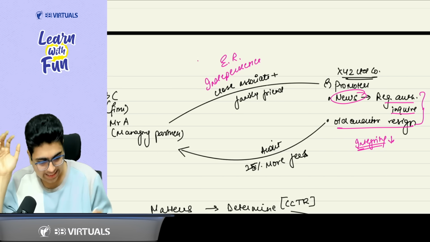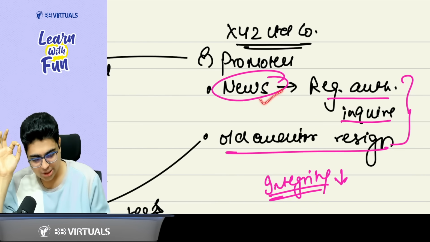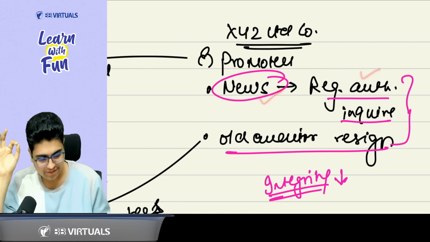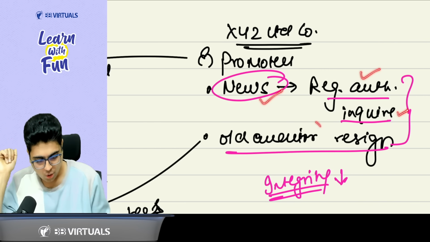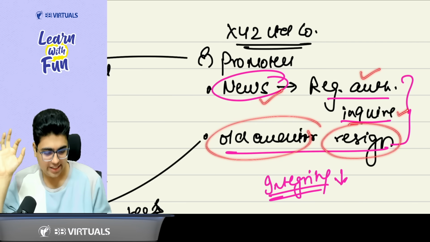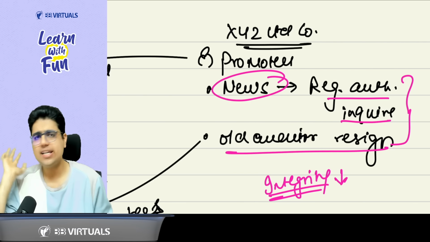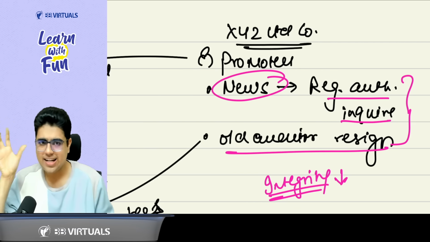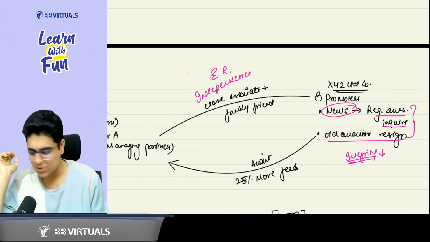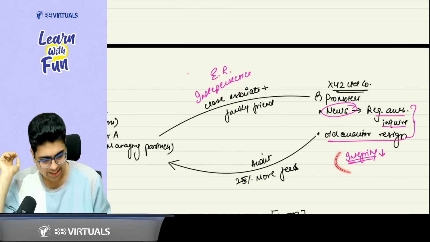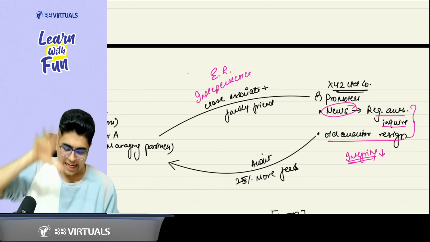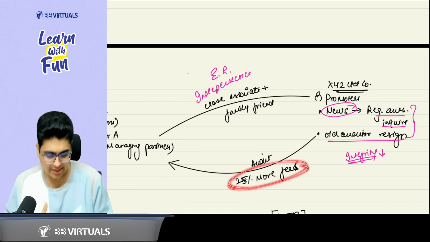Second thing, this company is in the news because regulatory authorities have started some inquiry against them. The old auditor has resigned. So can I say there are integrity issues with the client? There are integrity issues with the client. So there are ethical issues, there are integrity issues, but the client is ready to offer you 25% more fees.